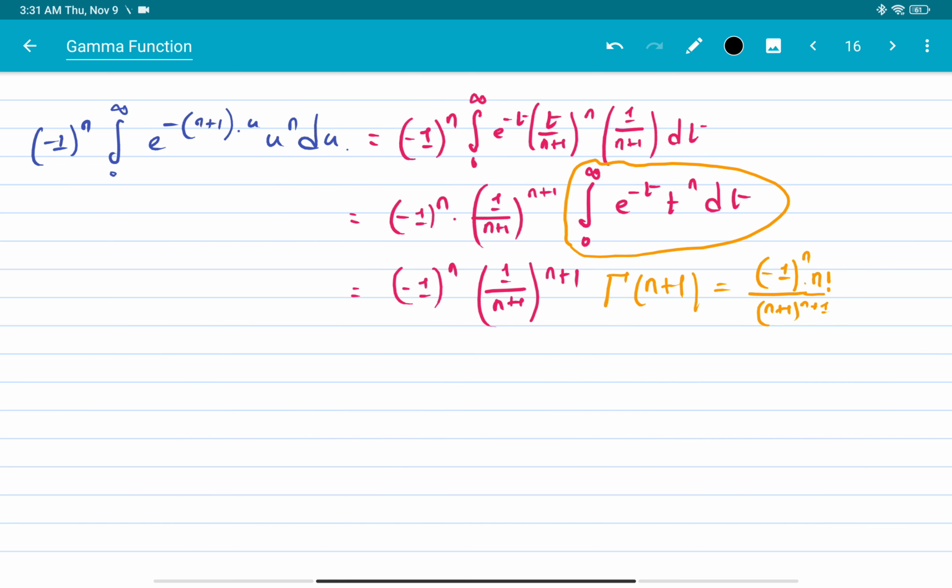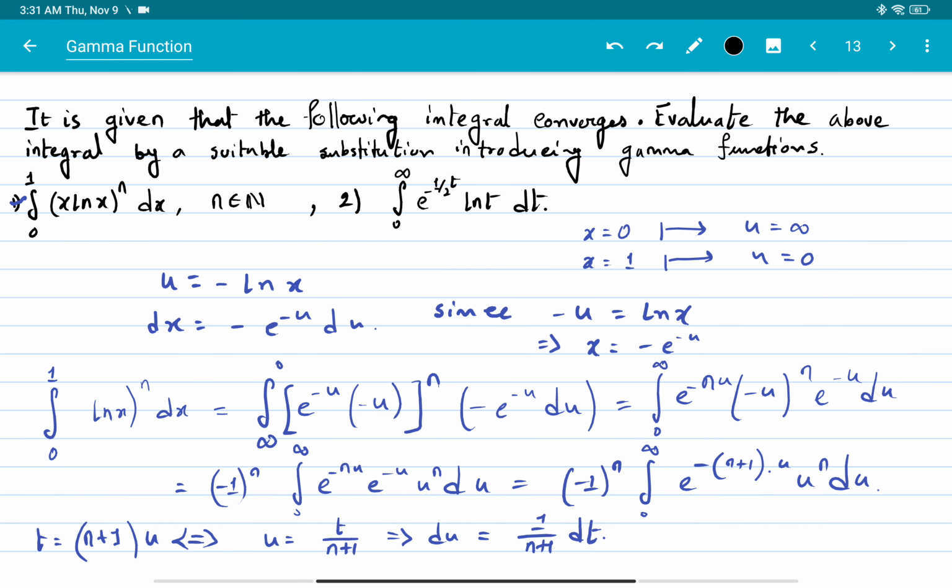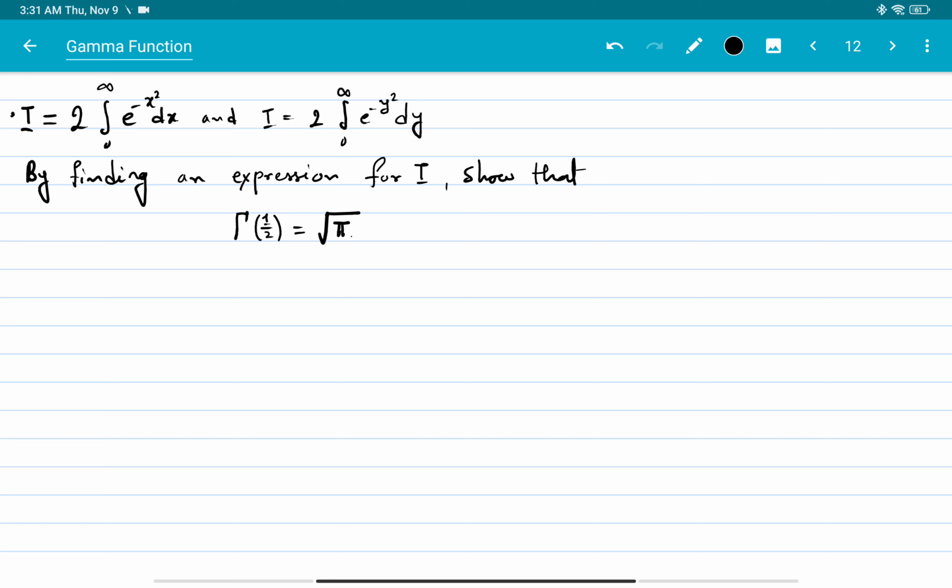So if we jump to our next problem, this is the final problem which we'll discuss today. So how could you prove these things?